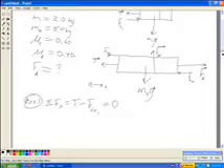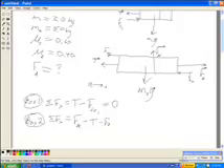Box 2. Sum of the forces in the x direction equals, this time it's the applied force that's in the positive direction minus the tension, minus the friction force of box 1, and minus the friction force that is applied by the table.